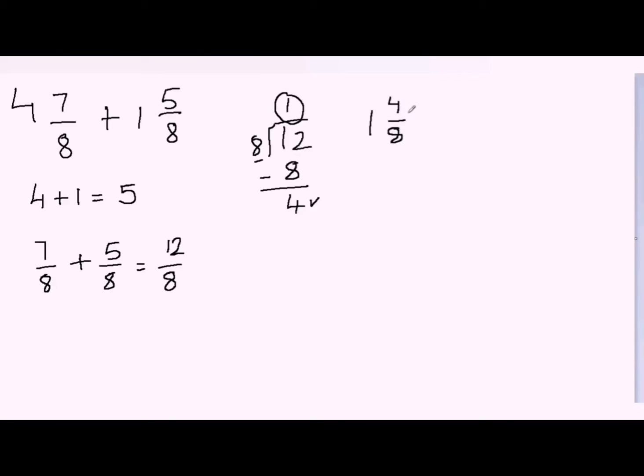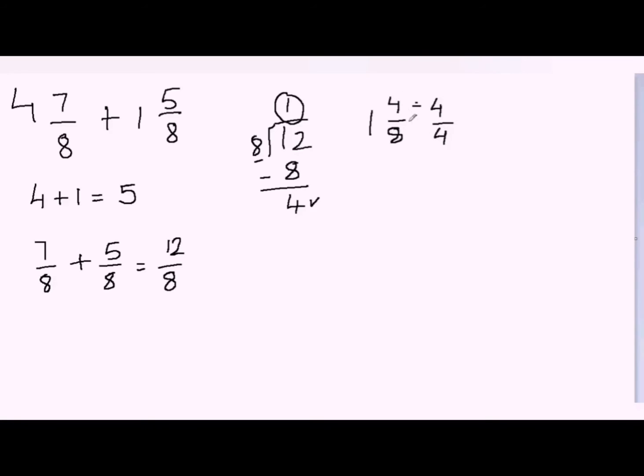Now as you can see, 4 over 8 can be reduced to its simple form. This is not a simple form, so let's divide it. We can divide this by 2, but that is not a simple form yet. But if we divide by 4, the result is in simple form in one single step. So always divide by the greatest common factor.